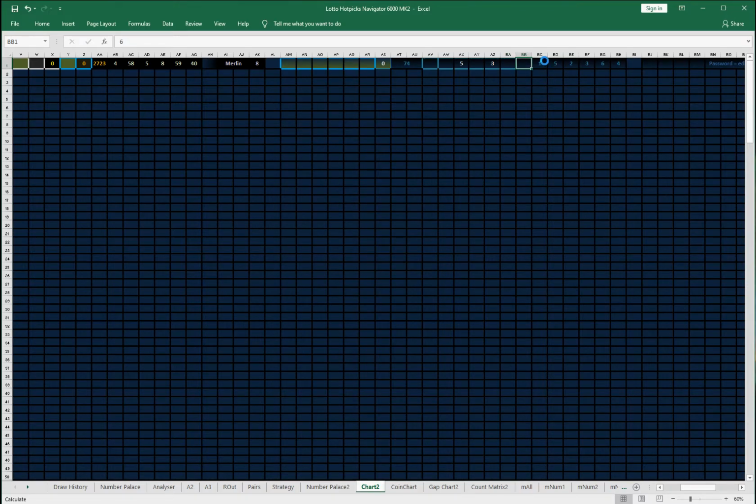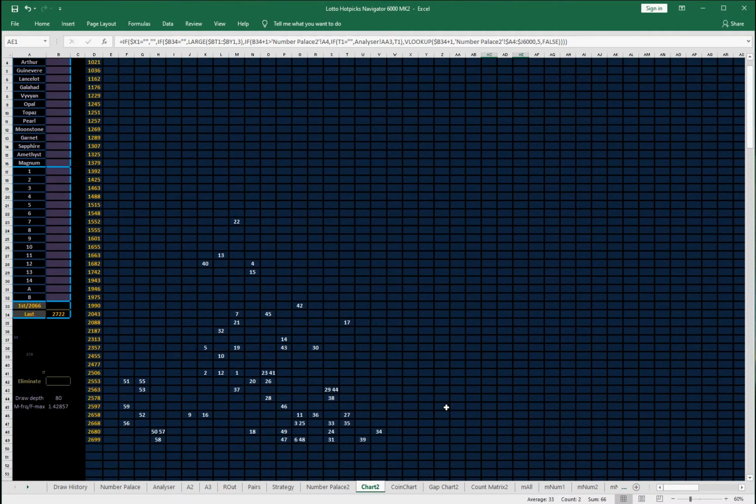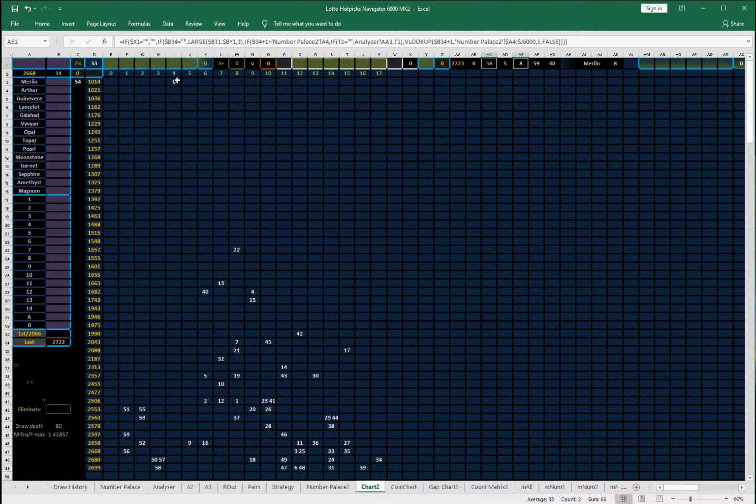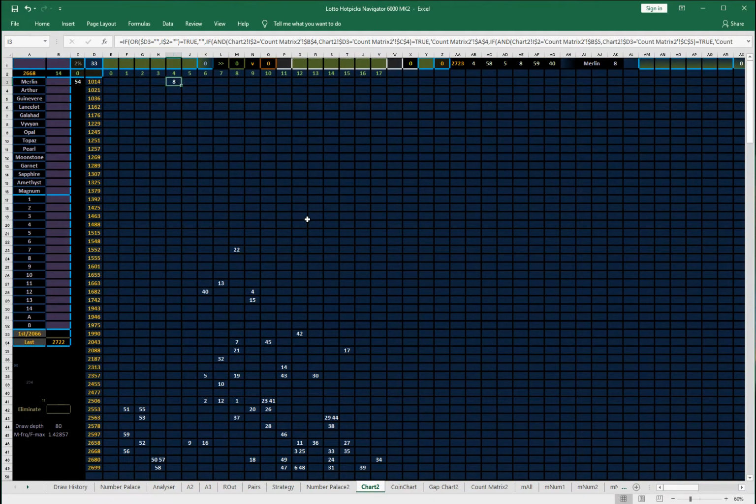So for instance, if I just look at the draws where the second out was fifth largest and the fourth out was third largest, we get a chart that looks like this. Oh look, number 8, most overdue on that chart. That makes sense. This combination that I've picked just seems to make a lot of sense.